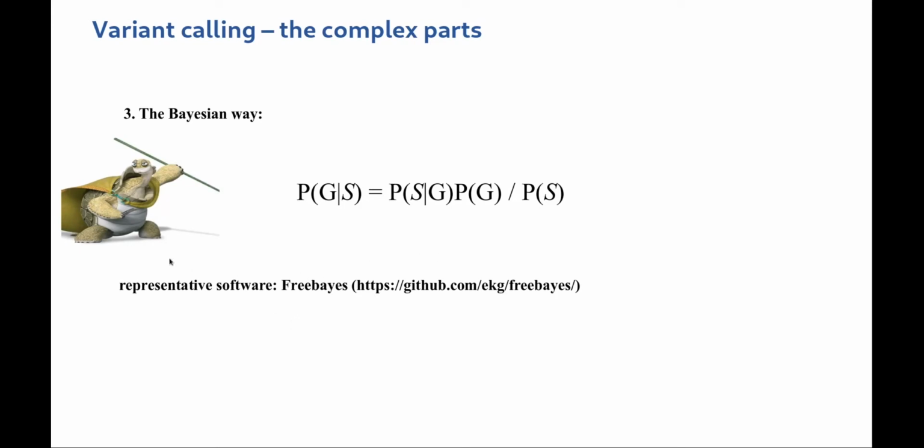Anyway, this kind of complicated but very logical algorithm has been implemented in representative software called FreeBayes, a really interesting, cool variant caller, which uses that approach, and it's, as you can imagine, particularly powerful when you have a priori knowledge about your genotypes, or you have large sample sizes and can borrow information from these samples, and then it helps you get good genotype calls even at relatively low coverage sites.